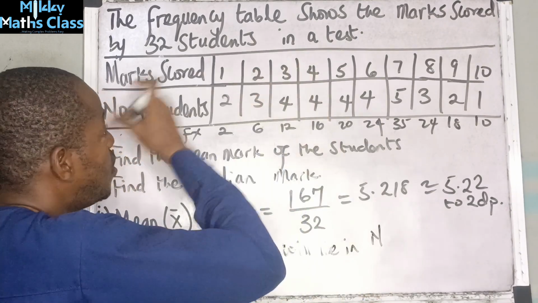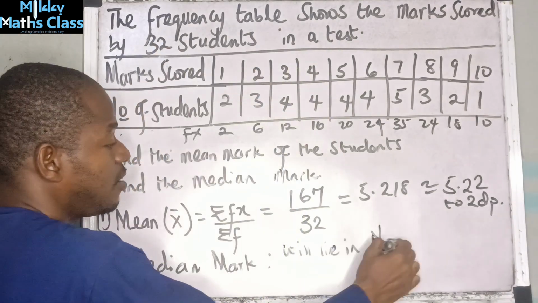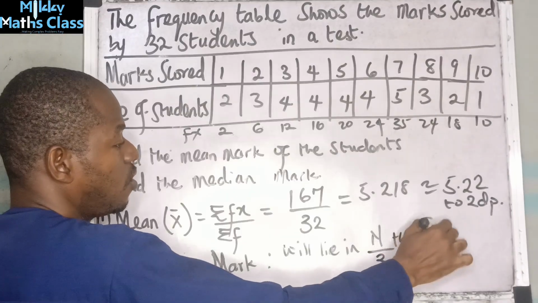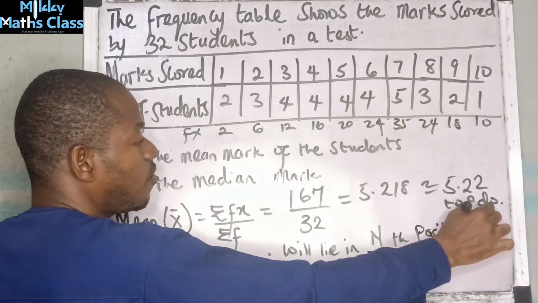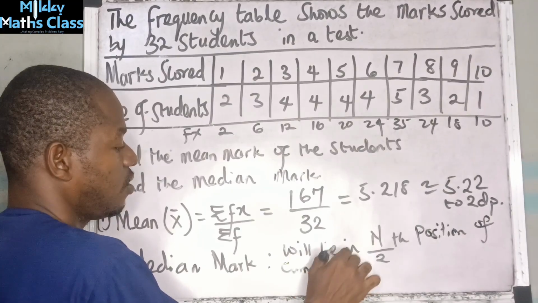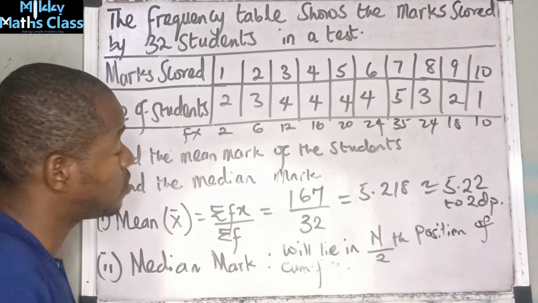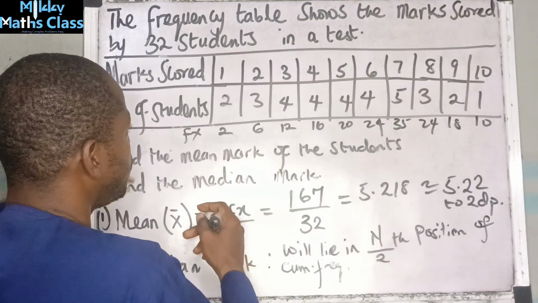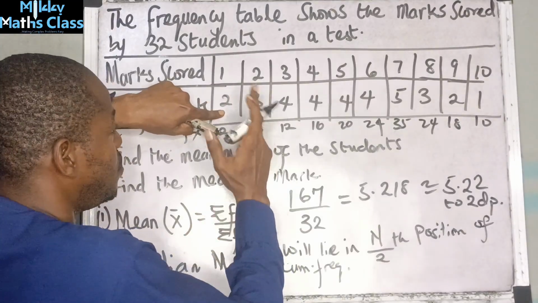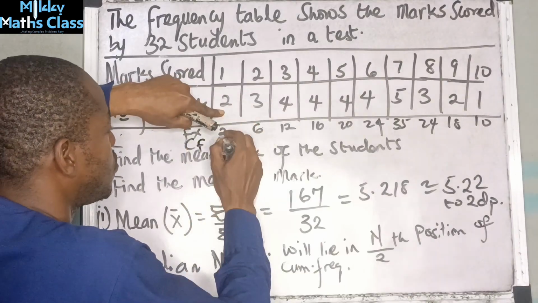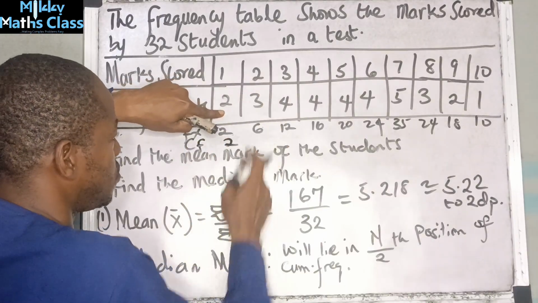Since it's an even number that is here, we use the n over 2 position of the cumulative frequency. If it were odd, we'd say n plus 1 over 2 position. So let's look at the cumulative frequency. How do we do that? We put the first frequency, our CF. The first frequency is 2. We add the other ones to it.